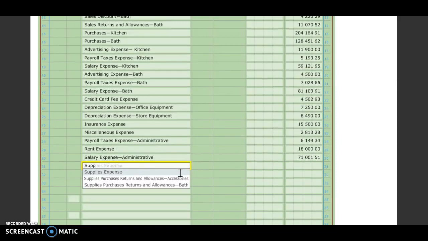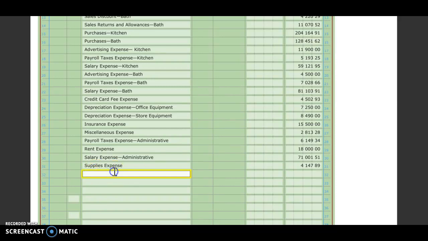Supplies expense, $4,147.89. Uncollectible accounts expense, $2,023.85. Utilities expense, $6,435.07.